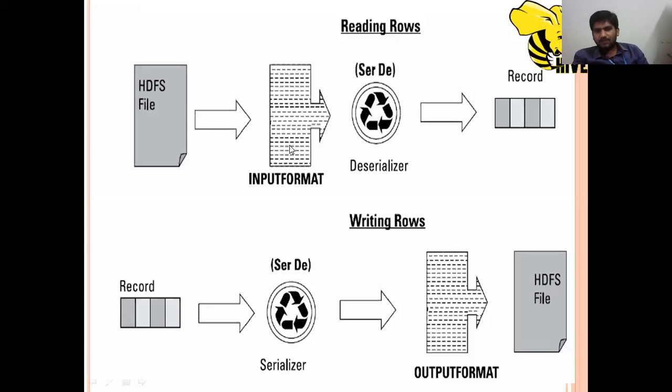From there we have our input format, which is deserialized and gives a record format, meaning tables, rows and columns. Whenever data is written to HDFS files, we take a record and serialize it, and we get an output format that is stored in HDFS files. So that is the reading and writing process.